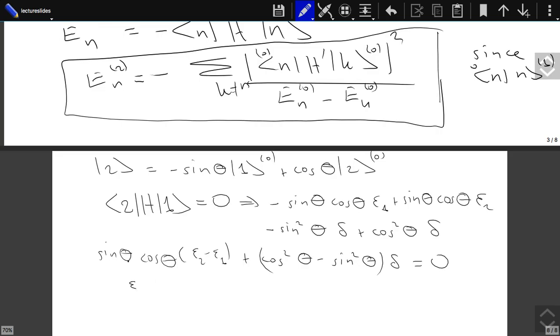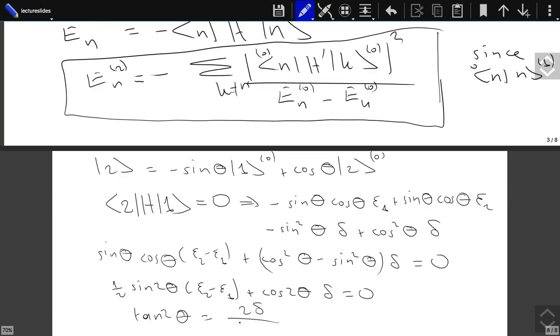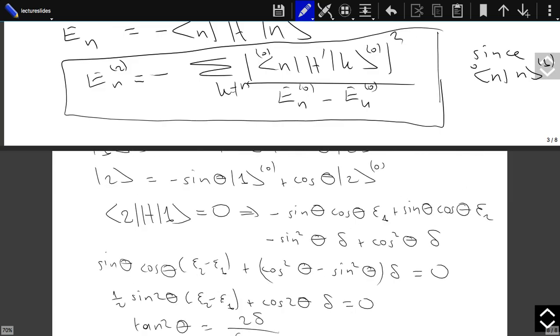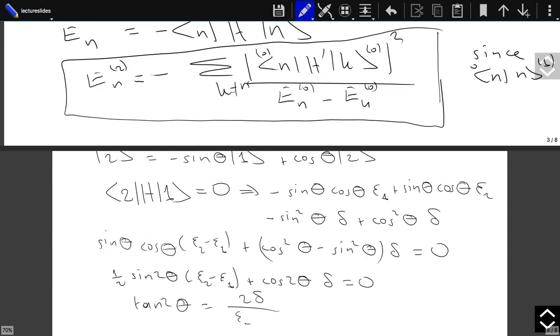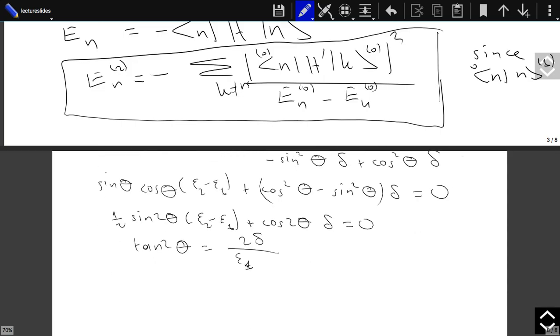That is 1 over 2 sine 2 theta times epsilon 2 minus epsilon 1 plus cosine 2 theta delta equal to 0. Or tangent 2 theta should be equal to 2 delta divided by epsilon 1 minus epsilon 2.